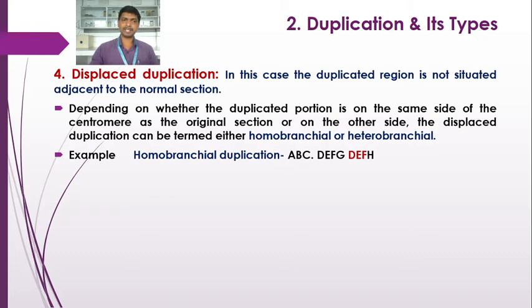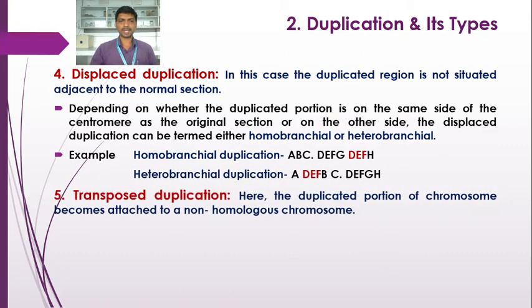This displaced duplication is further divided into two types, depending on whether it is present on the same side of the centromere or the opposite side of the centromere. These are homobranchial and heterobranchial duplication. Okay, so this is the displaced duplication, both homobranchial and heterobranchial.